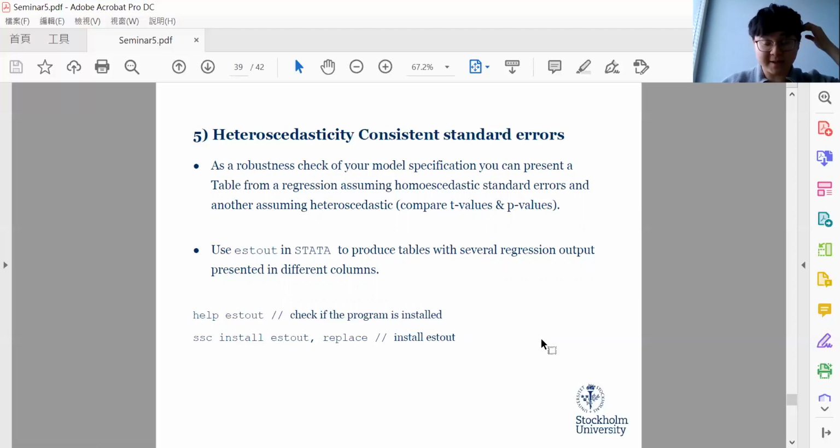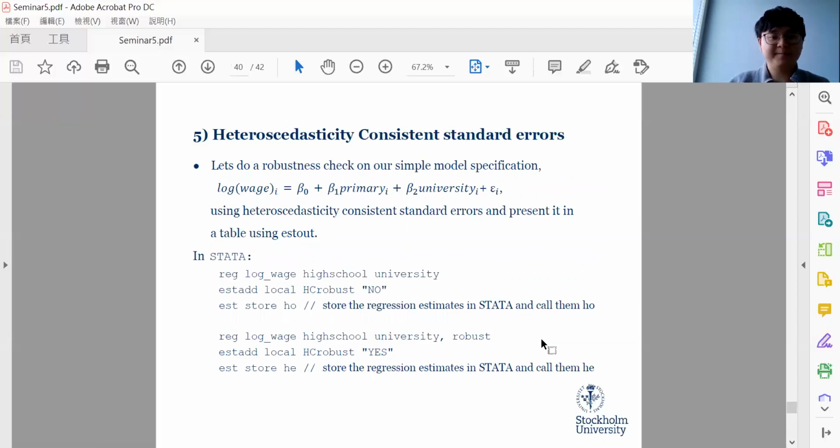Now you want to record the result of your regression. First you run a regression, and then you put add local HC robust no. This is one of the commands inside the estout package, to add some more specifications.